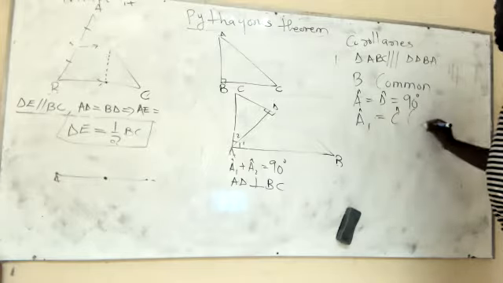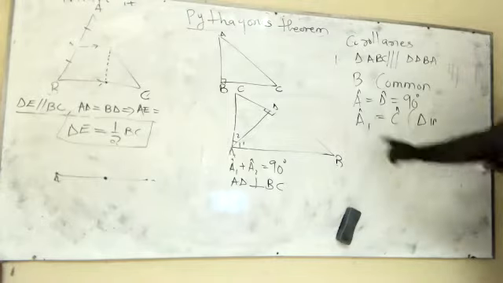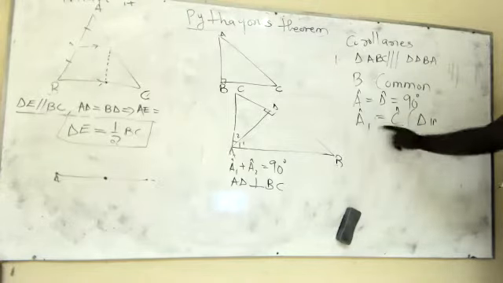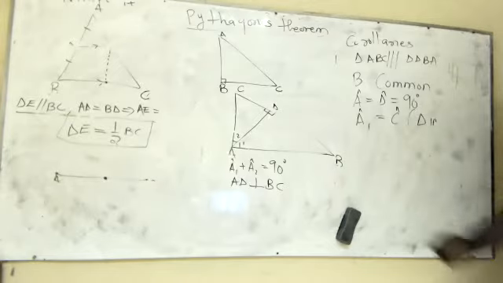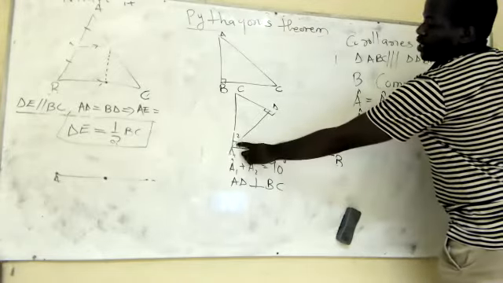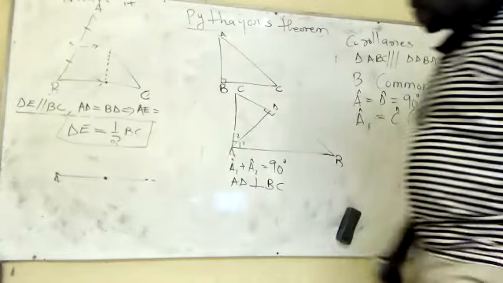Why are they equal? Which angles? Angle A1 and angle C. Yeah, angle A1 and C. Why do we say they are equal?